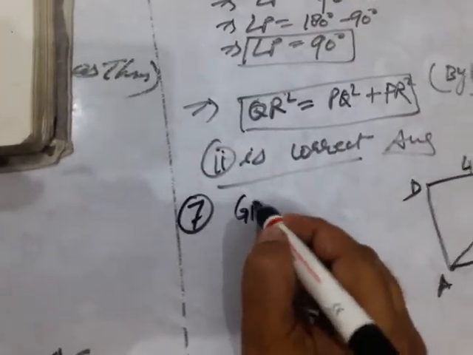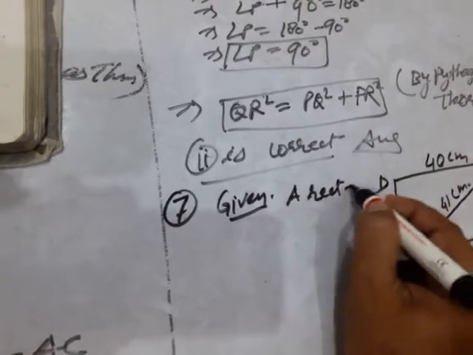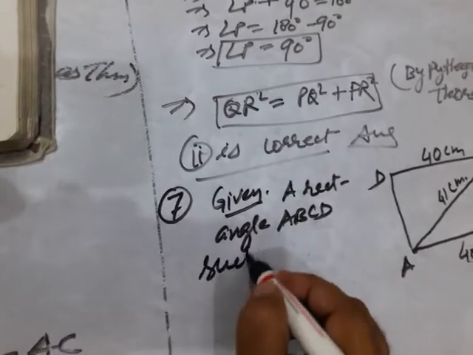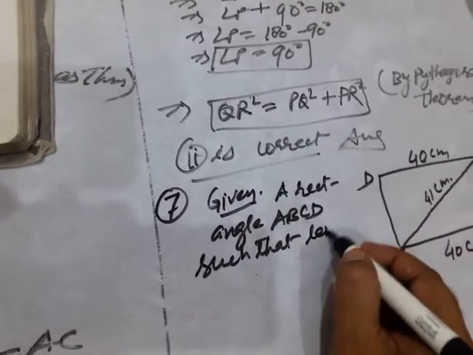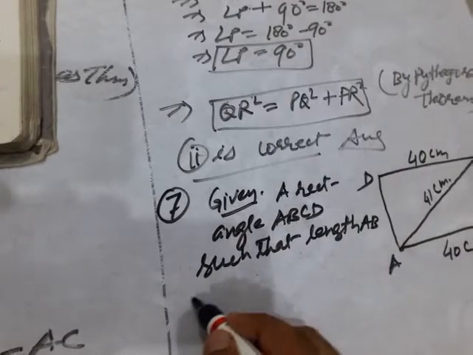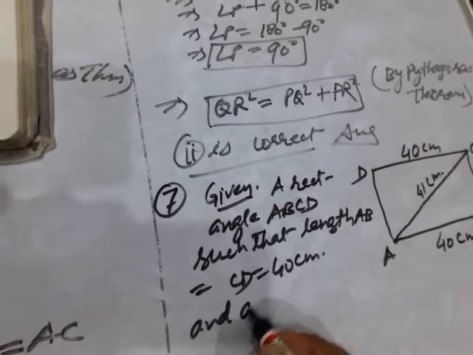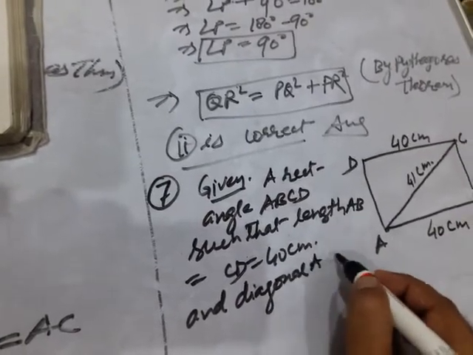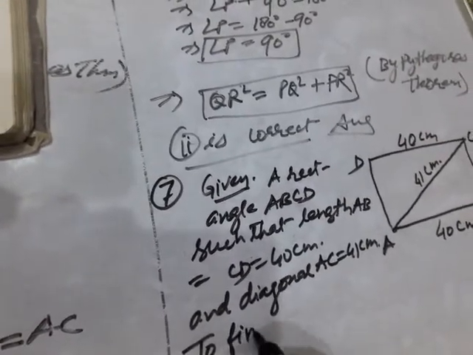What is given? Given rectangle ABCD such that length AB equal to CD equal to 40 centimeters, and diagonal AC equal to 41 centimeters. What do we have to find?